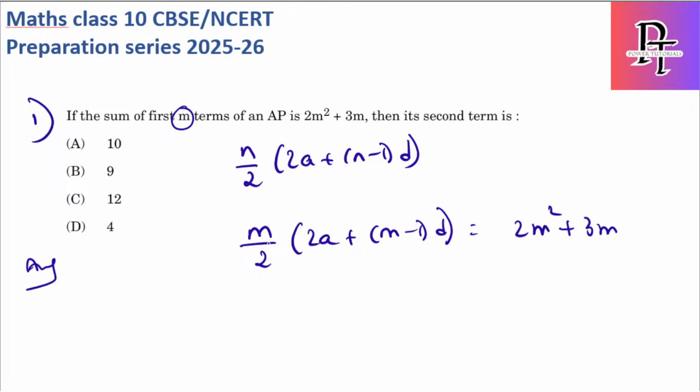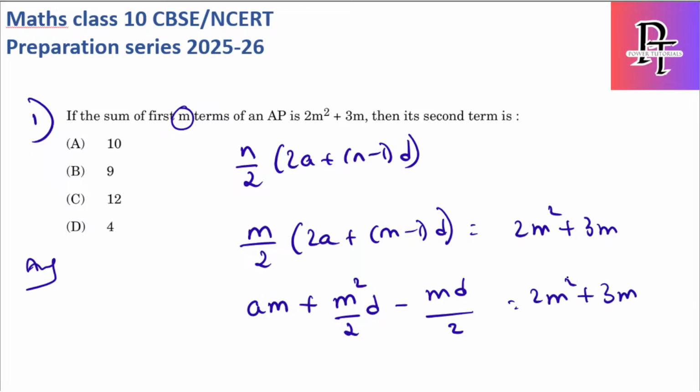Instead of changing everything, let's multiply all the terms. So this becomes am plus m square by 2 into d minus md by 2. Hope you understood how I solved it. I have just multiplied all the left side parts.